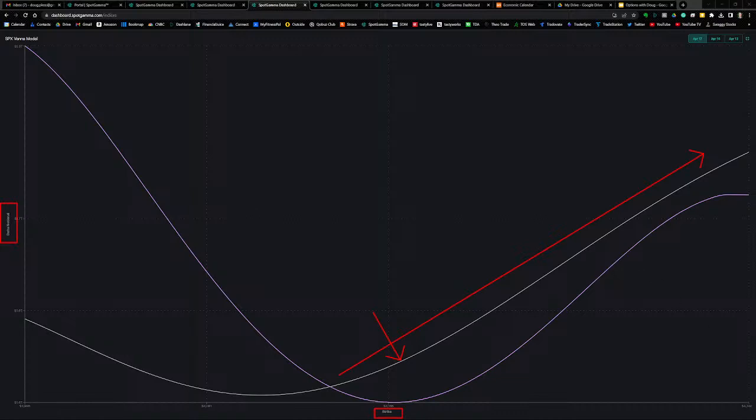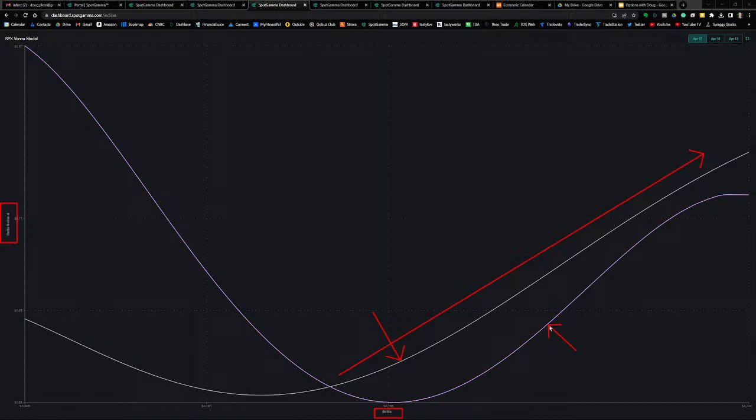And then this pink-purple curve is adding implied volatility to that. So that is showing how market makers' delta notional changes with changes in price and implied volatility. And that's the Vanna effect.